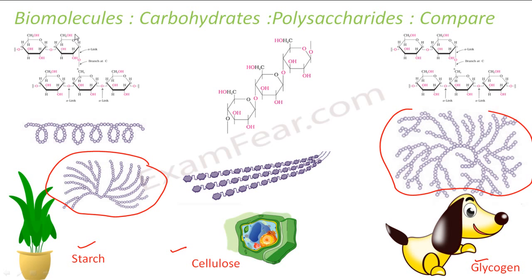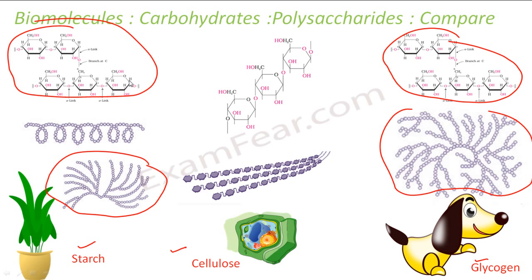They are all glucose linked together by C1C4, and the branch is C1C6. Cellulose is a little different, with C1 and C4 bonding. All three are made of glucose; it's all the bonding difference.